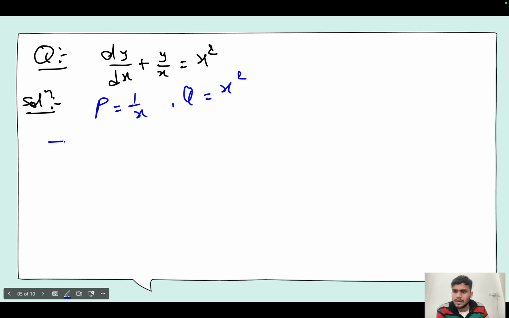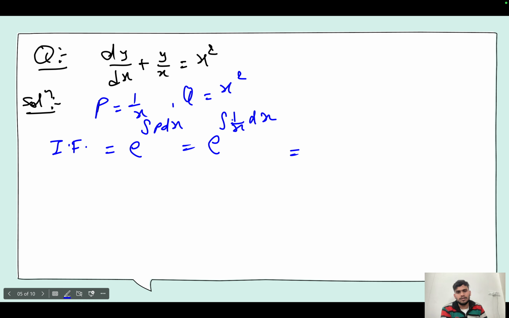Now what will be the integrating factor? The integrating factor for this type of differential equation is e to the power integration of P dx, that is e to the power integration of 1/x dx, and you know the integration of 1/x is ln x. ln means log base e.